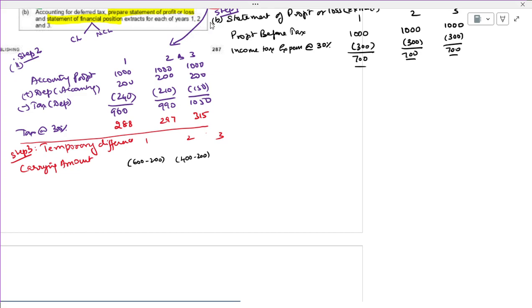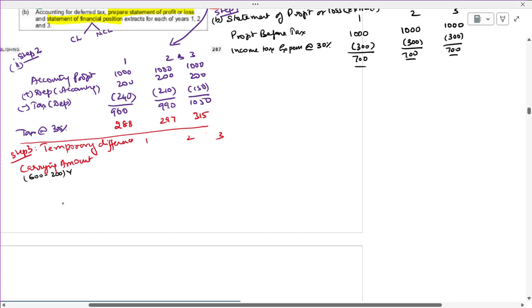Are you understanding this? Yes or no? Yes, doctor. 600 is the total value, with depreciation in the first year, year 1.